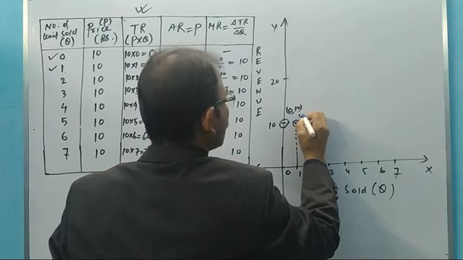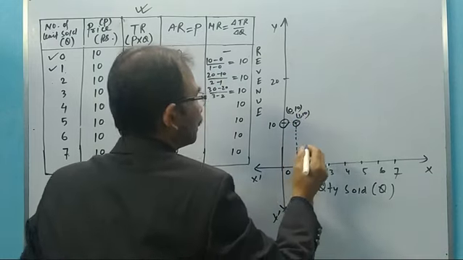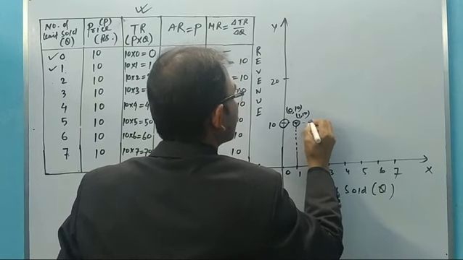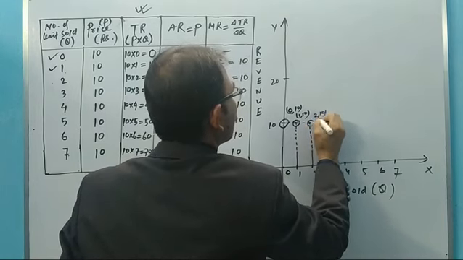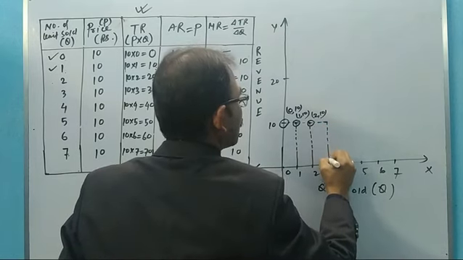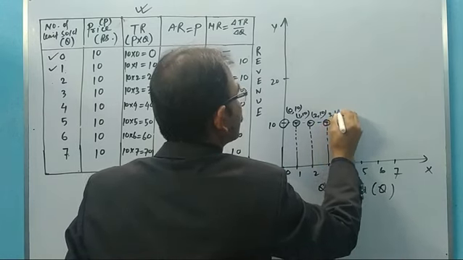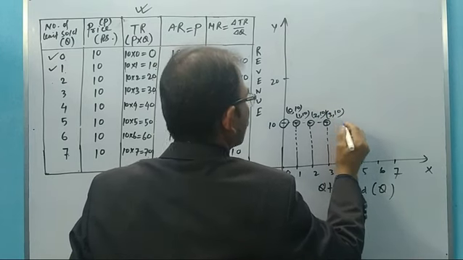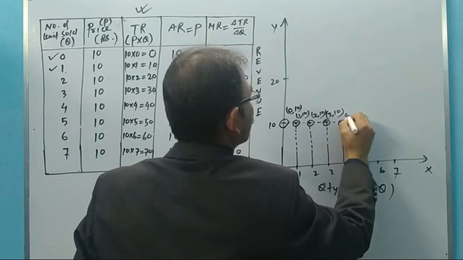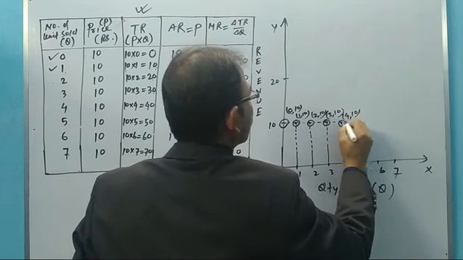This is 1, 10. Second, when we are selling 2 units, 2, 10. When we are selling 3 units, 3, 10 we are getting. For 4 units, 4, 10.